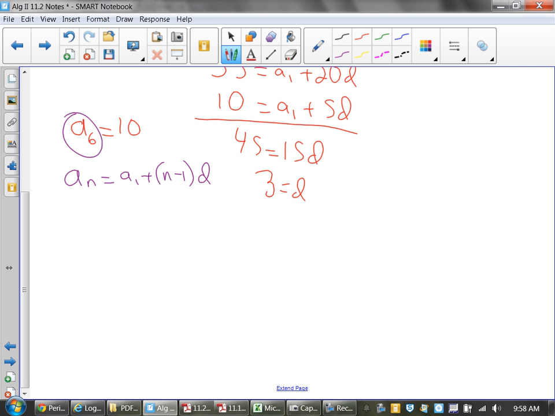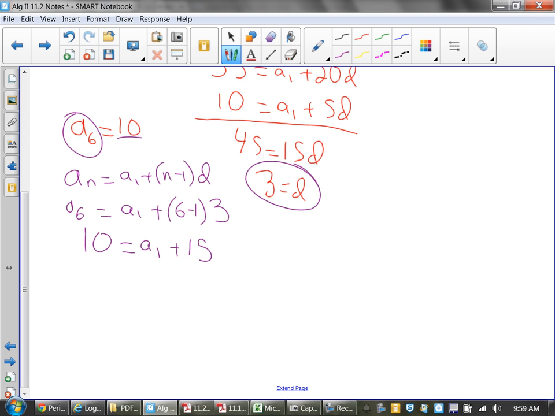If I know that the sixth term is 10 and your d is 3, so the sixth term is the first term plus 6 minus 1 times 3. And what's your first term then?